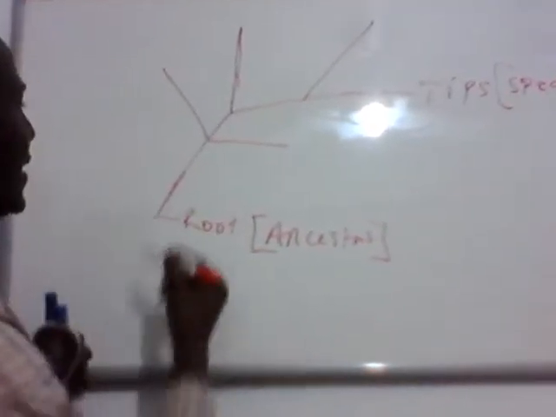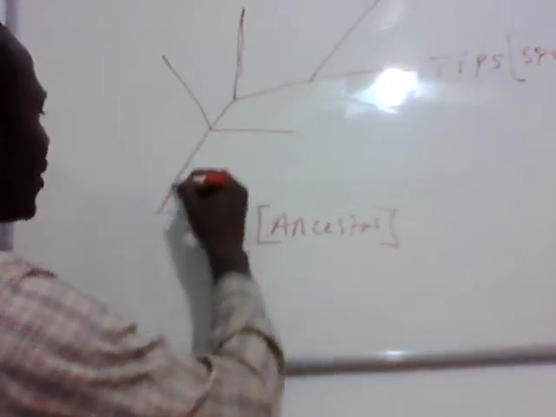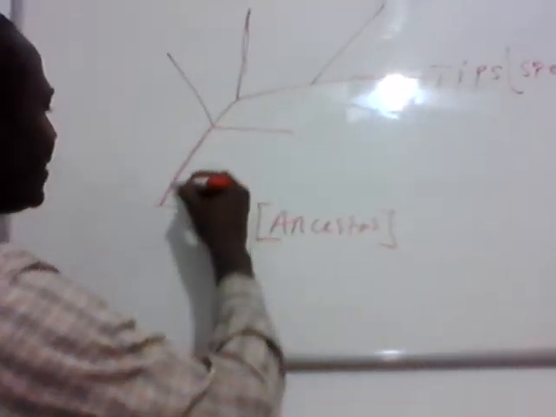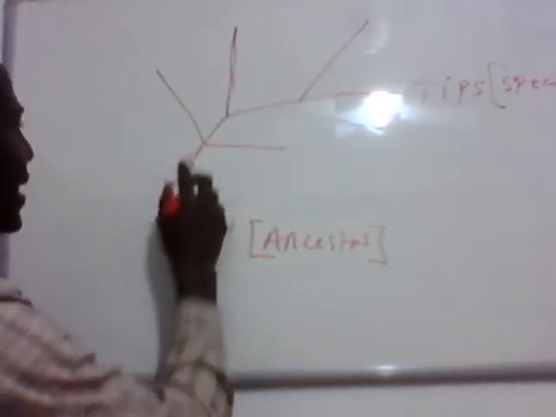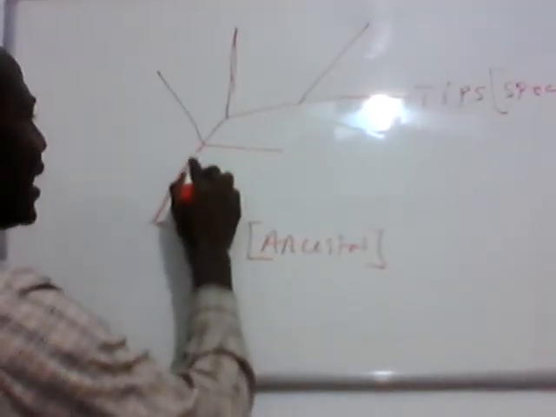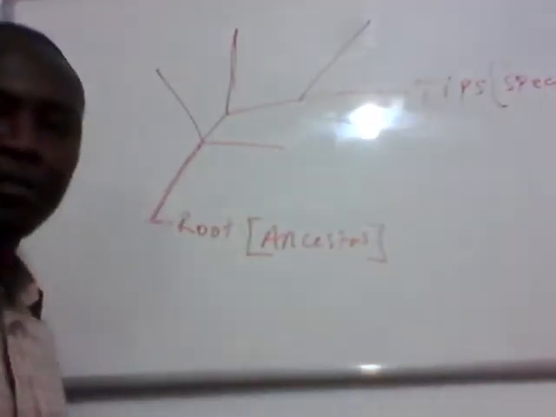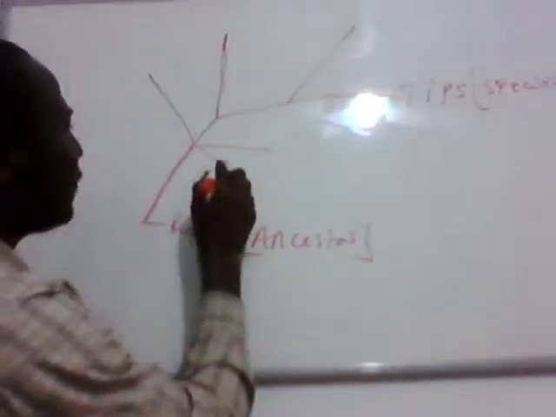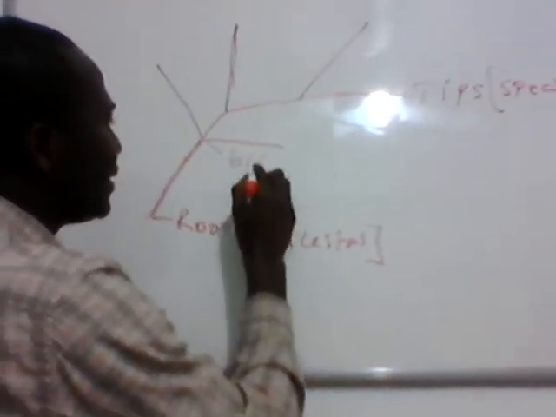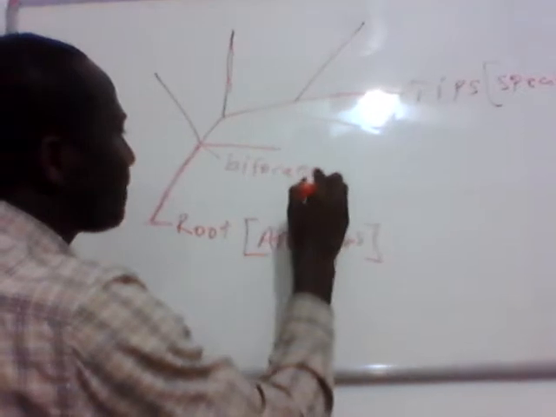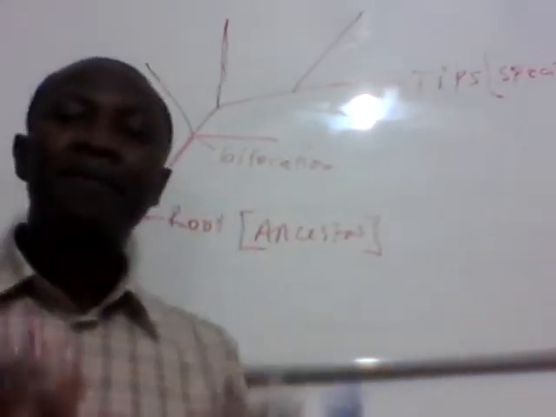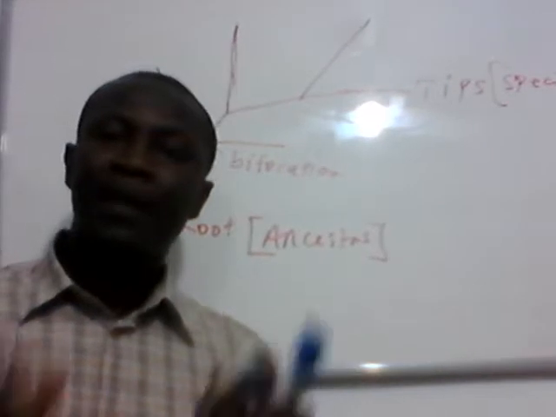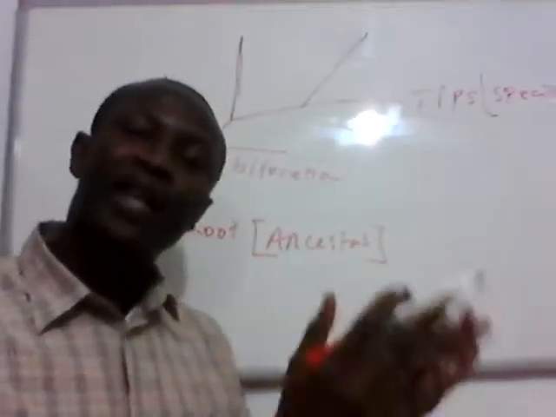Now look at it here. These things will be the course of time. This is the time it takes before this species can diverge into two different species. So here we call it bifurcation. That is the node. Every bifurcation is a speciation event.